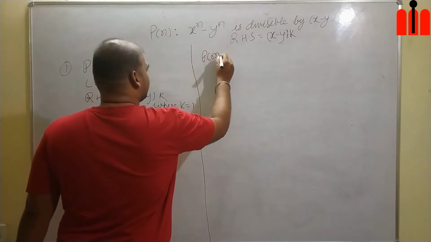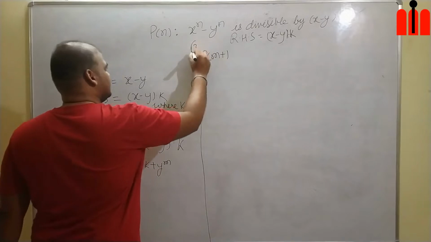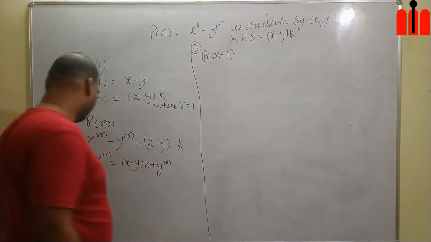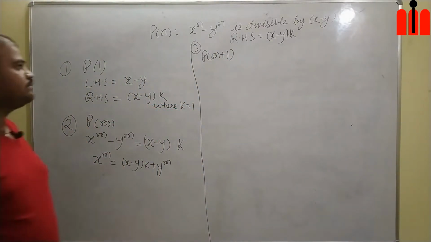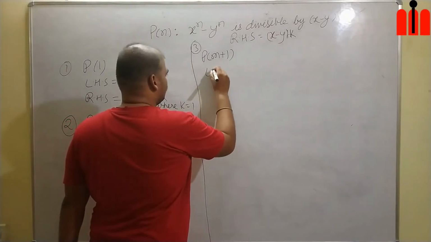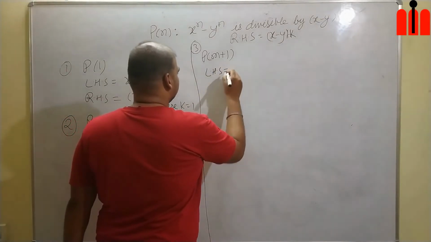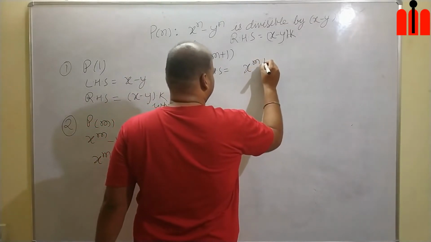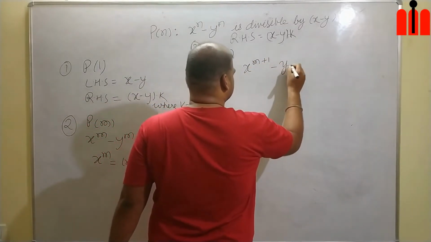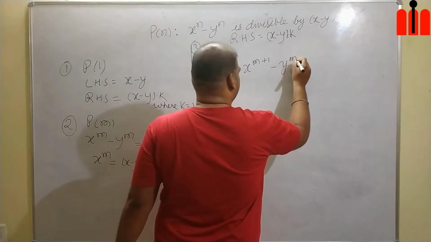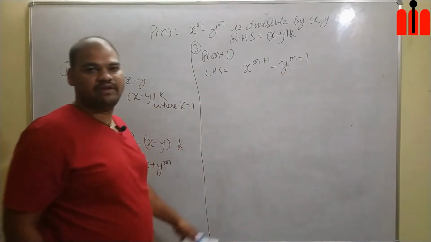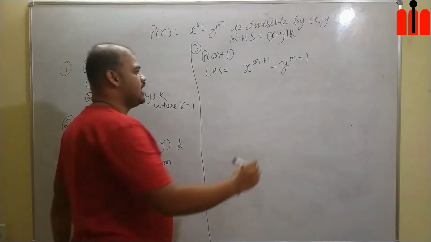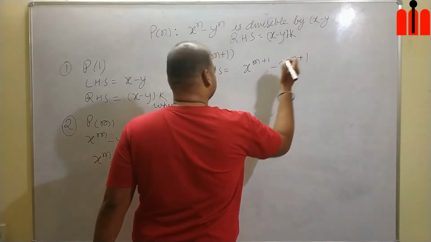The third step is my induction step, which is of Pm plus 1. So in Pm plus 1, what will be my LHS? My LHS will be x to the power of m plus 1 minus y to the power of m plus 1. In place of n, we had substituted m plus 1, right?